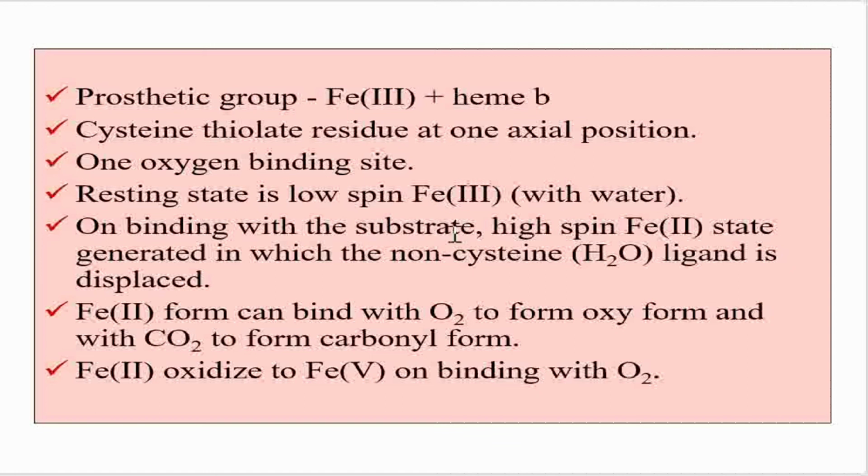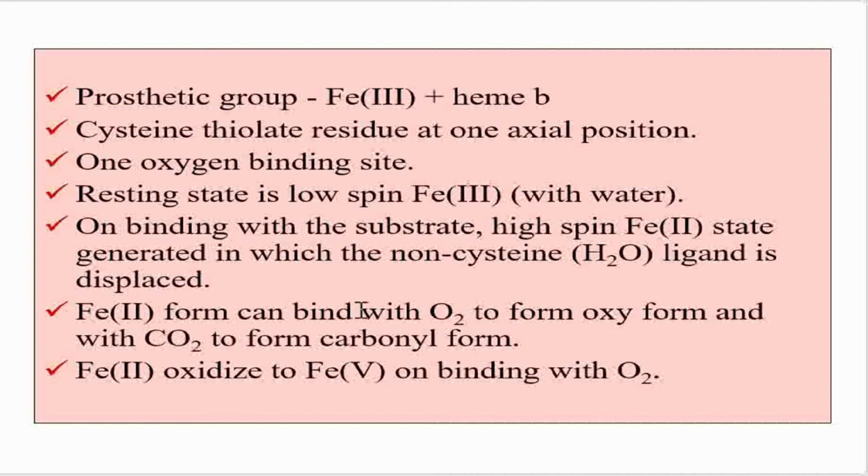So when this oxygen binds to the Fe3+ low spin center, it will replace the H2O, that is the non-cysteine ligand. Now this becomes Fe2+ high spin complex from low spin Fe3+, and this Fe2+ high spin complex can bind with O2 to form the oxy form, and with carbon monoxide it forms the carbonyl form.